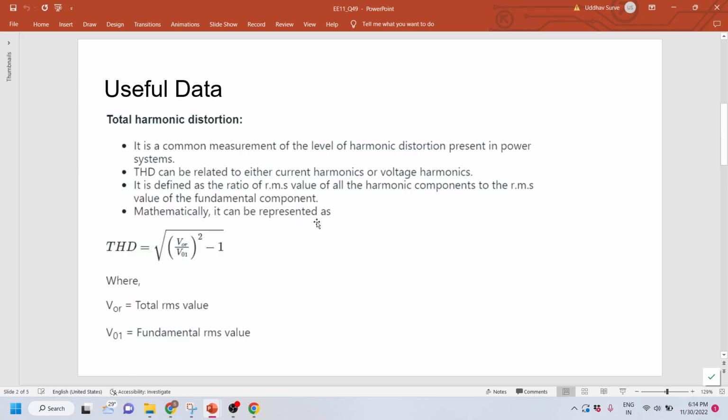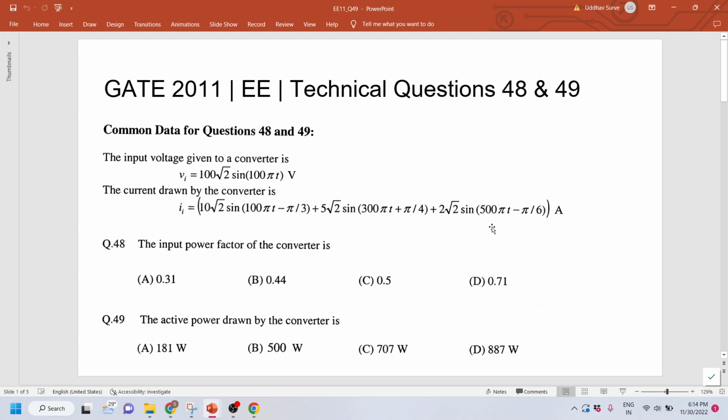In rectifiers, diode bridge rectifier and controlled thyristors and all that, they will ask you questions related to source side power factor, source side displacement factor, source side distortion factor. All these questions are very frequent in the GATE exam. So make sure you understand these concepts well. I have just shown the basics of this concept, which was the intention here.